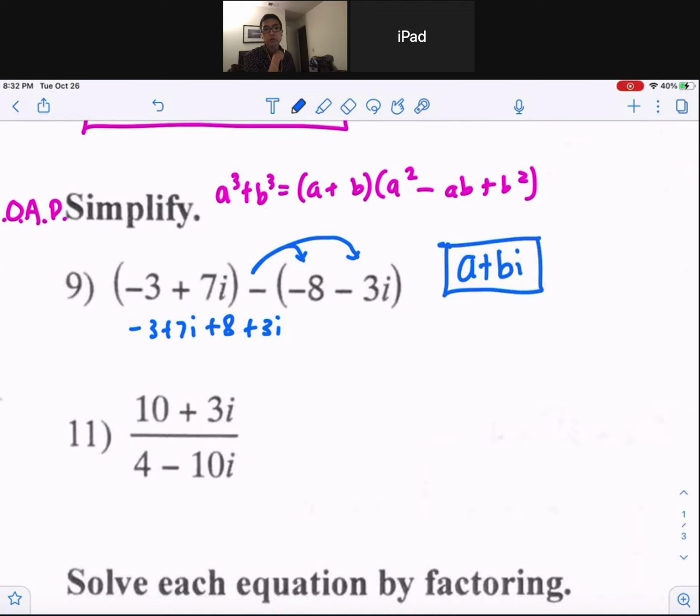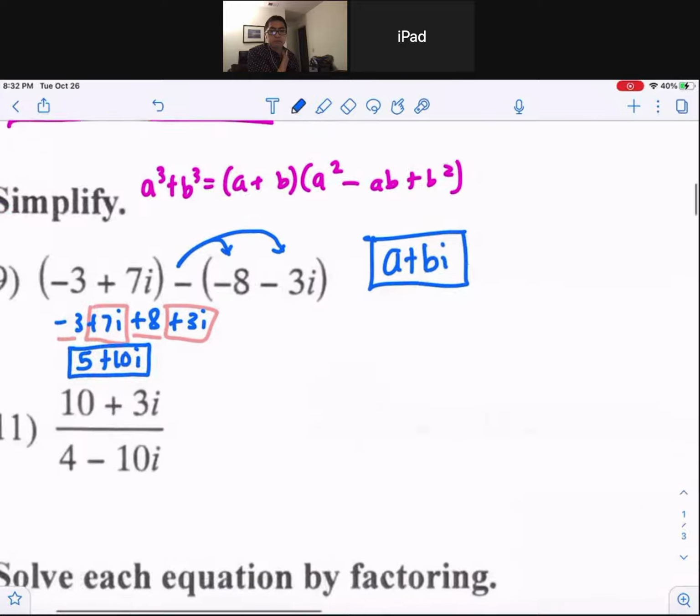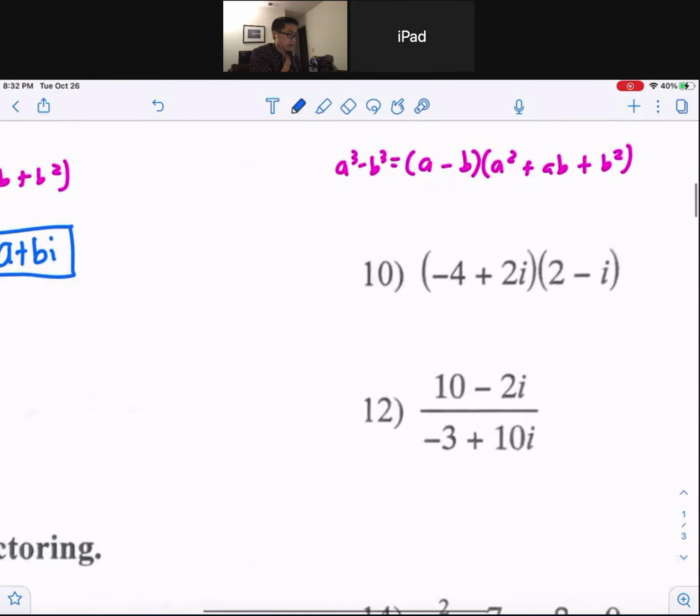Real numbers first, then imaginary second. So, negative 3 plus 8, that is 5. 7i plus 3i, that's 10i. So, 5 plus 10i.